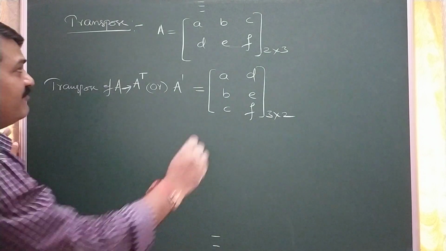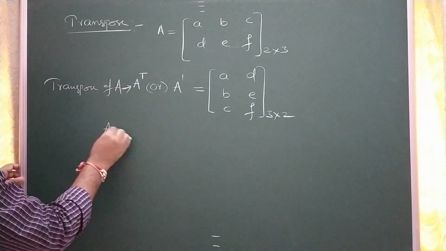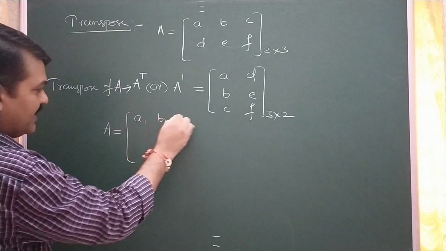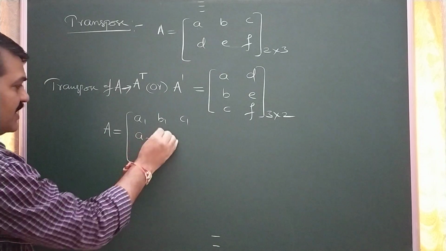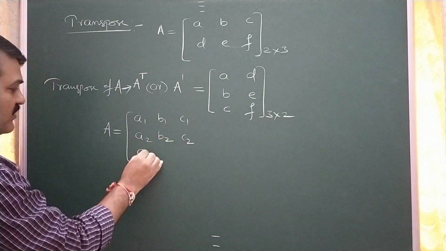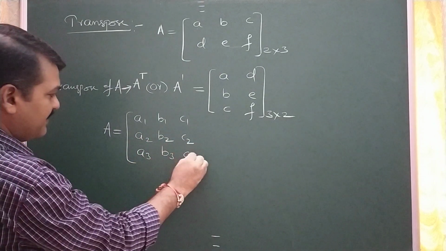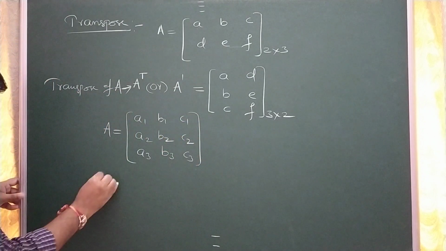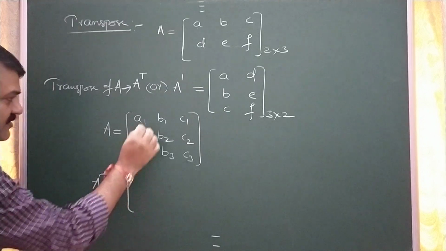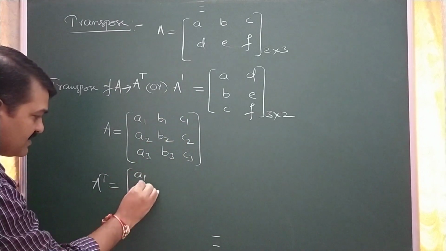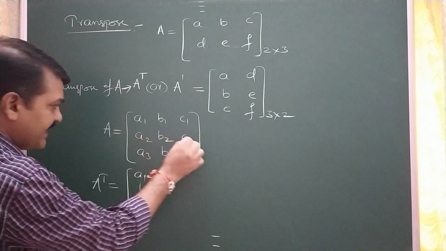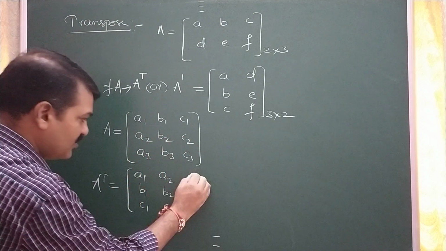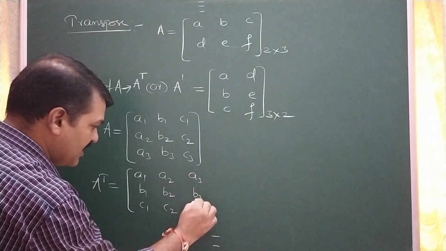Okay, so if you take a square matrix, for example, A1 B1 C1, A2 B2 C2, A3 B3 C3, I am taking a square matrix. So for the transpose of this, the first row is written as the first column, the second row is written as the second column, and the third row is written as the third column.